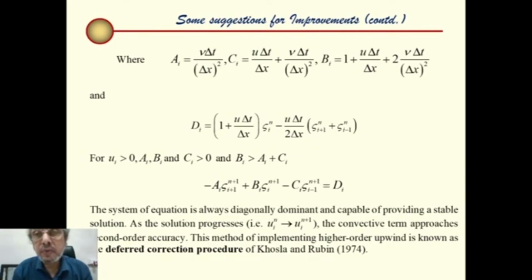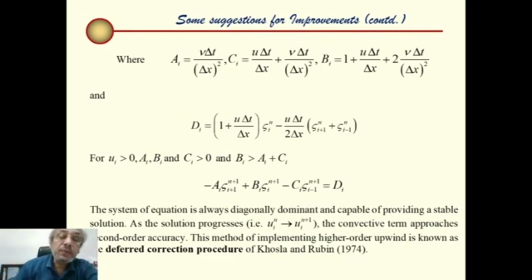A is the coefficient matrix which is known. X is the unknown vector, which are basically zeta_i's at the n plus 1th level, equal to b, the right hand side vector, which is fully known. And if we can invert this matrix, we'll get the full solution.